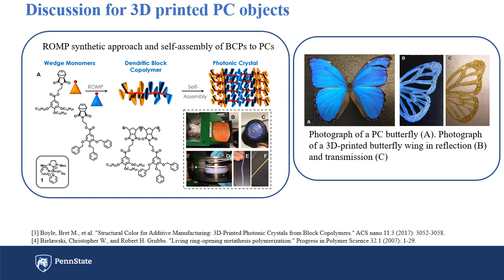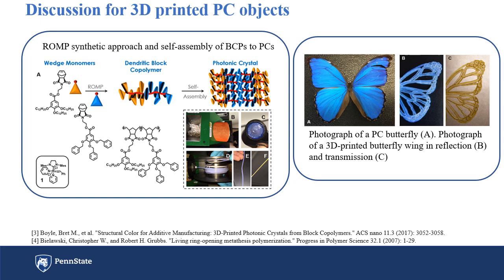Interestingly, the isolated as-synthesized BCP was colorless due to the lack of ordered nanostructures. During the filament extrusion, the BCP will self-assemble to a nanostructured material, possessing photonic properties reflecting violet light.